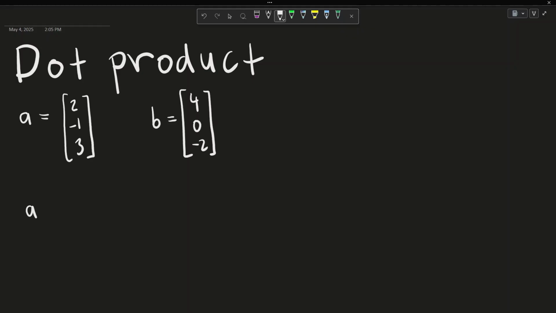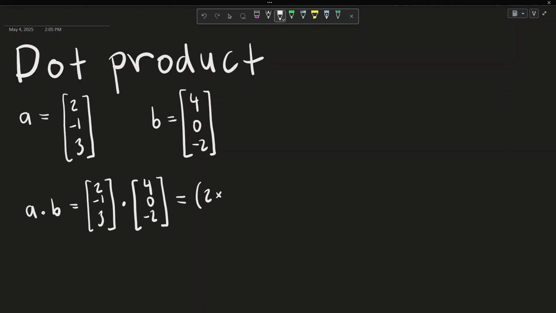If we took A dot B, which is equal to 2, -1, 3 dot 4, 0, -2, we'd first take the first entries, 2 and 4, multiply them, add the second entries, -1 and 0, and then add the third entries, 3 times -2.